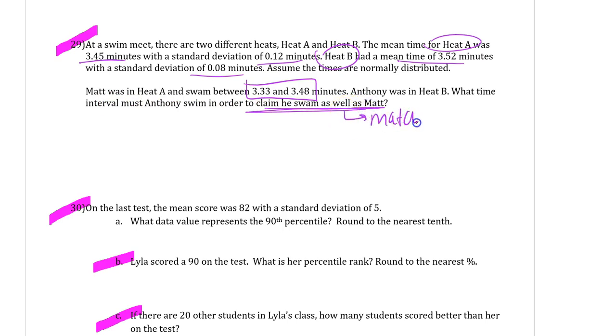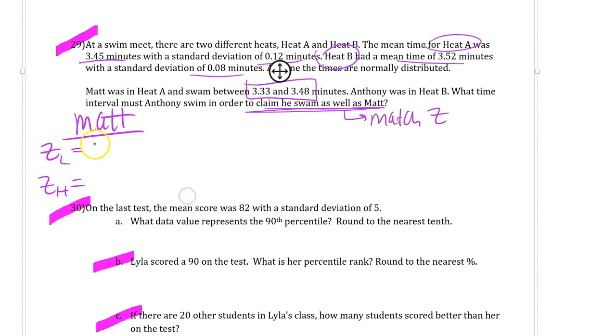Whenever we say "as well as," we're talking about matching z-scores. So I have to first figure out Matt's z-scores, which is how many standard deviations he was from the mean. So I called it ZL for his low z-score. So he swam at minimum 3.33.